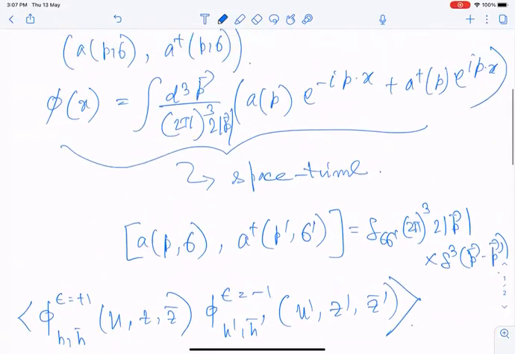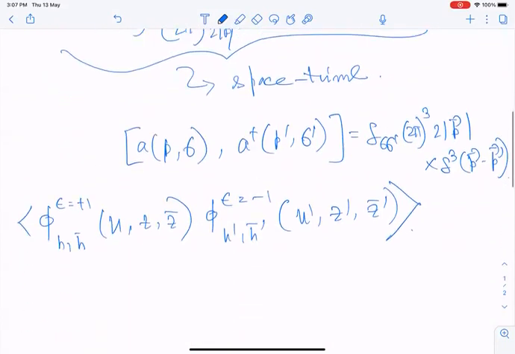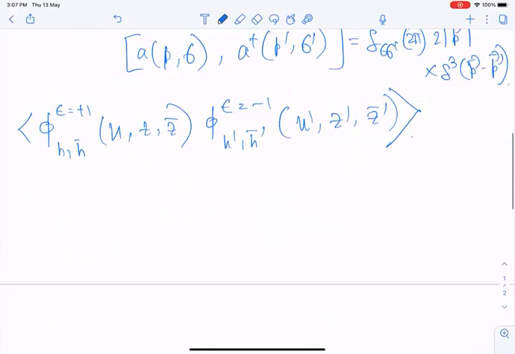And this can be easily computed using the basic commutator between A and A dagger. If you do the calculation, what you will get is this.